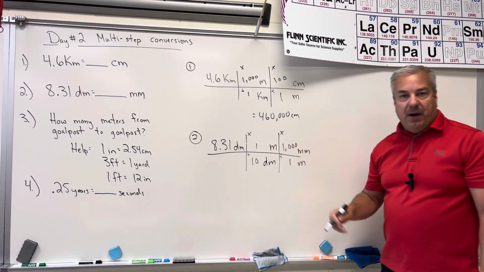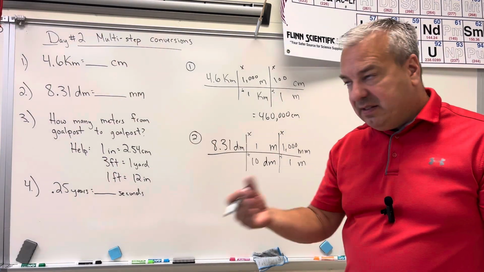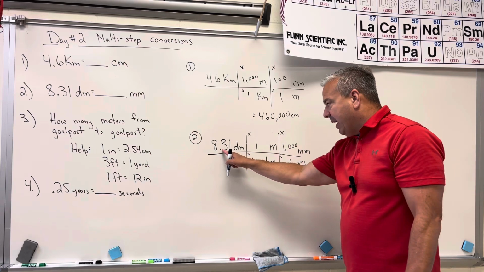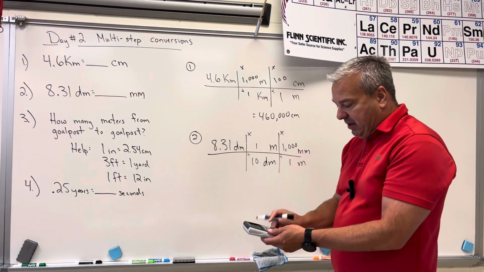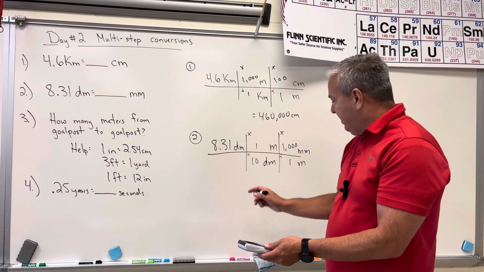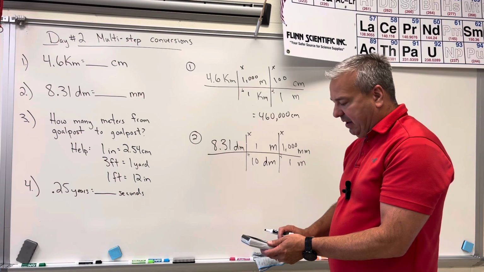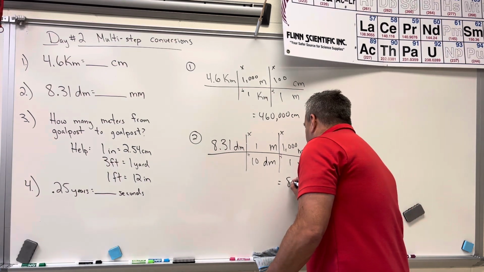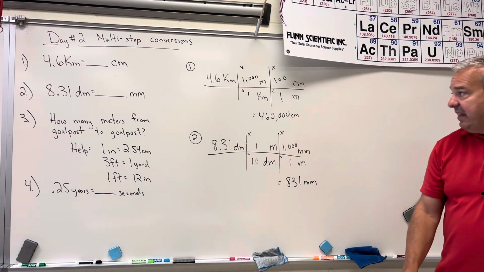I tend not to worry about ones because anything multiplied by 1 is the same thing. Anything divided by 1 is the same thing. So in my calculator, I'm going to do 8.31 divided by 10 times 1,000. That gives me an answer of 831 millimeters.